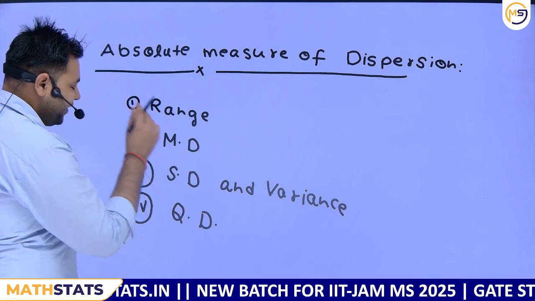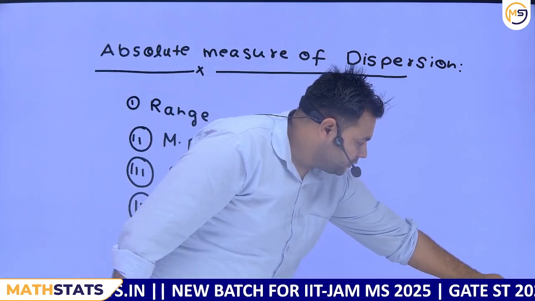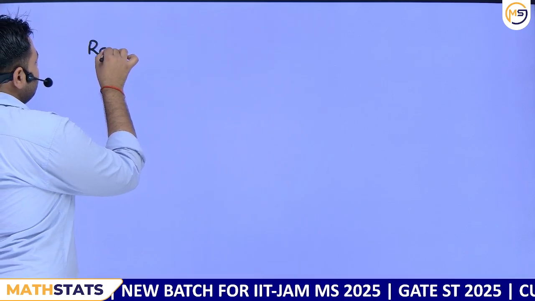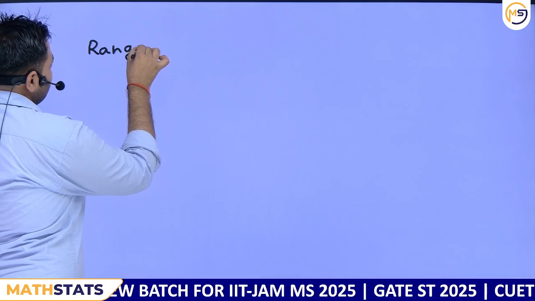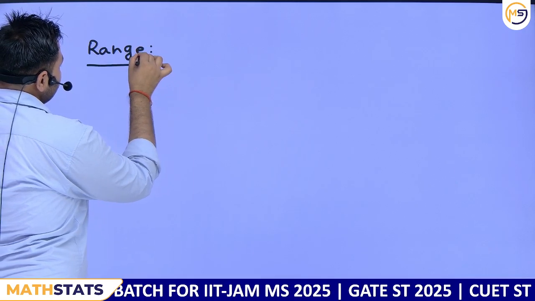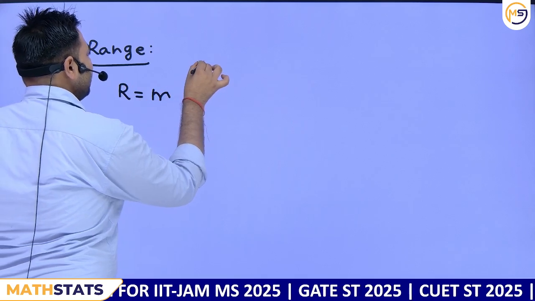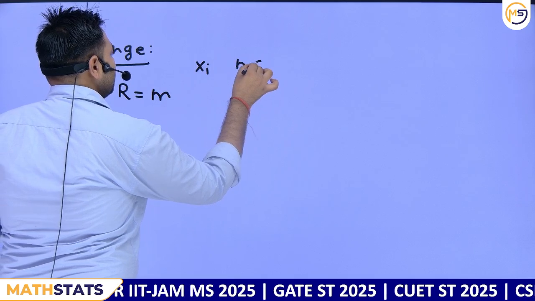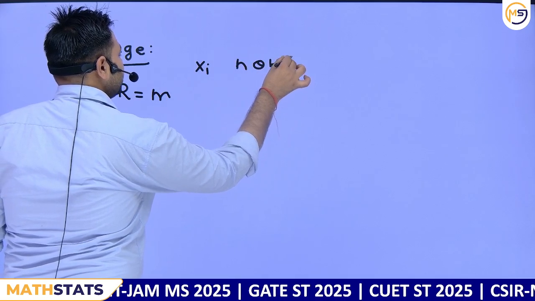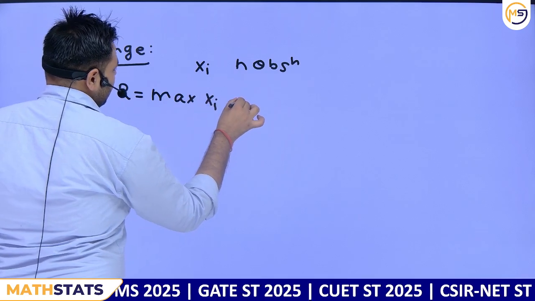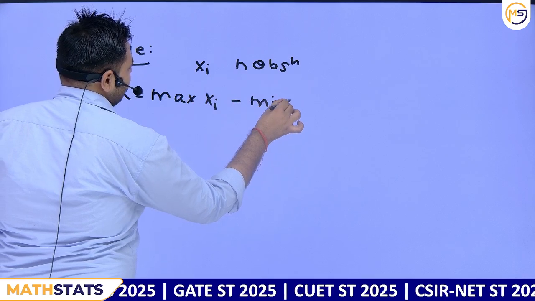First I am talking about range. So what is range? Suppose we have n observations xi. Range equals maximum of xi minus minimum of xi.